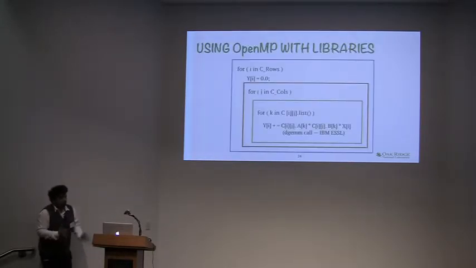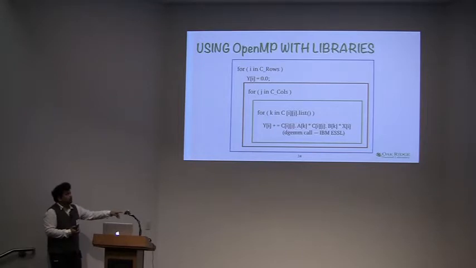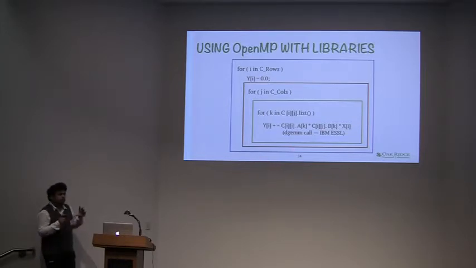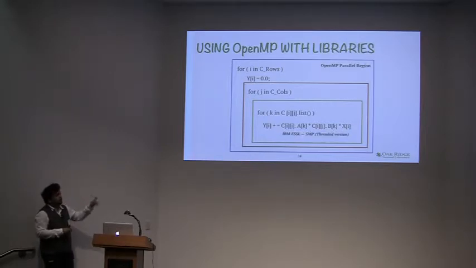So we also looked at how OpenMP works with other libraries that we are calling inside OpenMP. For DGEMM, for the IBM ESSL, what they state in their spec is you can have a single parallel region, and then you can have an IBM ESSL SMP version.